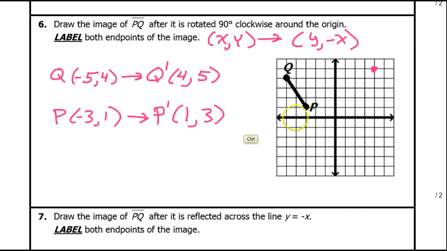And then P prime is 1, 3. All right, and that's it. We rotated 90 degrees clockwise.